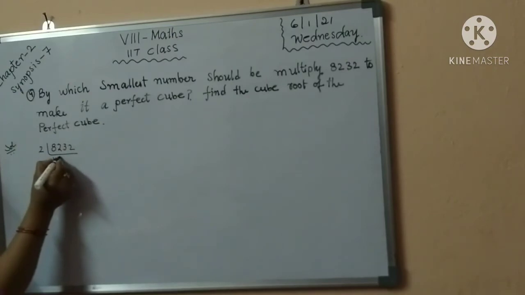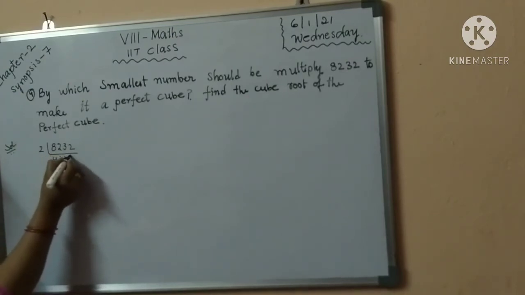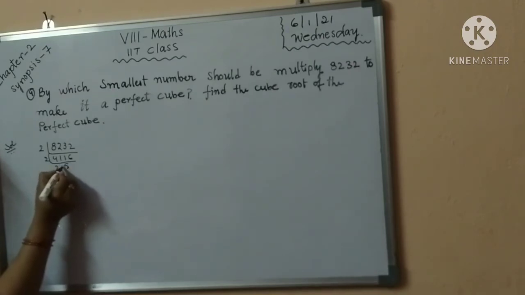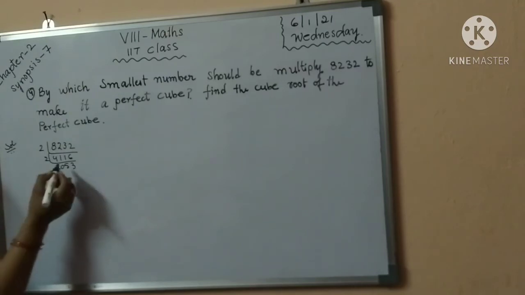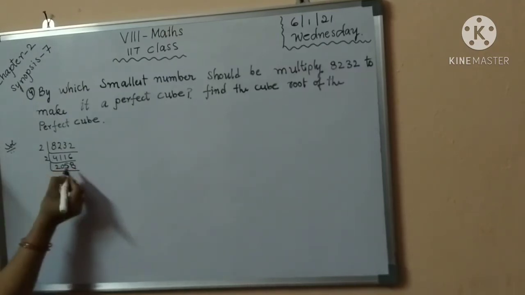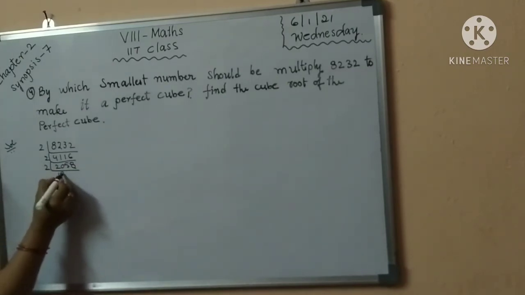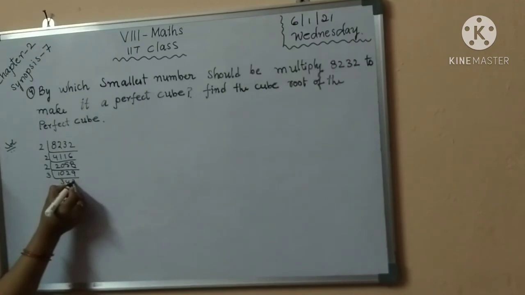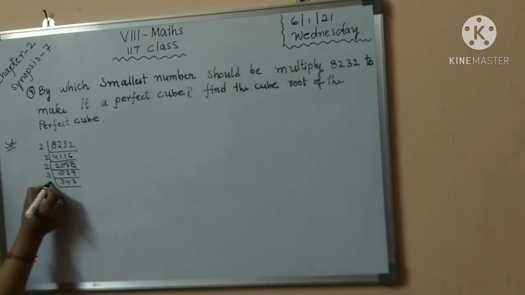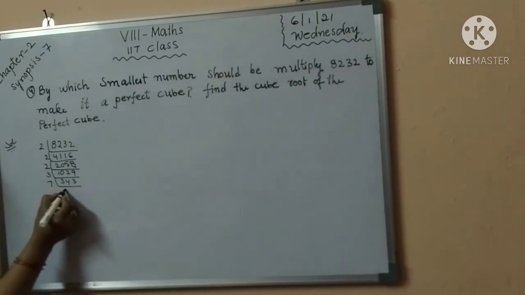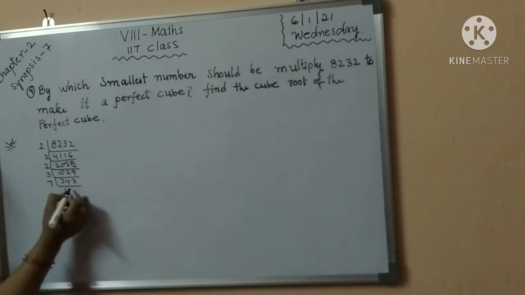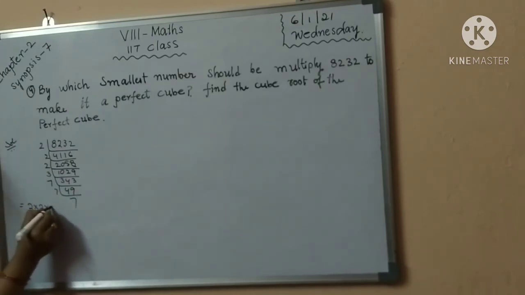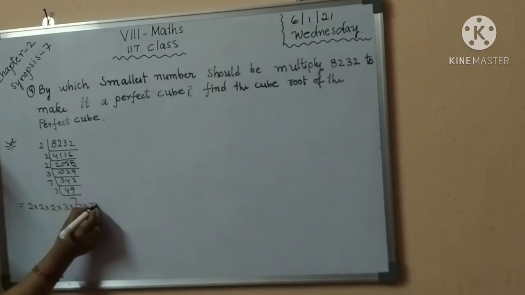Dividing by 2 repeatedly, then by 3, then by 7. So the factors are 2 into 2 into 2 into 3 into 7 into 7 into 7.